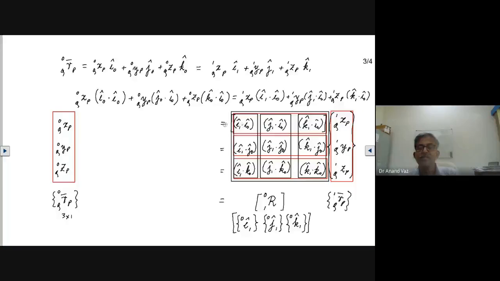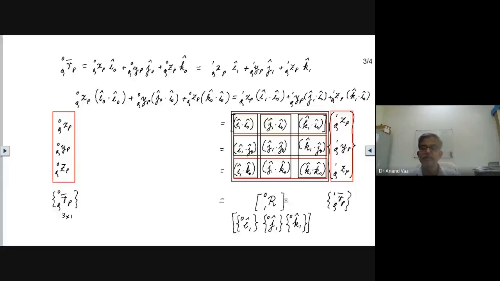You can see this is I naught dot I1, I naught dot J1, I naught dot K1. So you're resolving the vector I naught along the three directions of frame 1. But now because this is a row, that means you have to take the transpose.